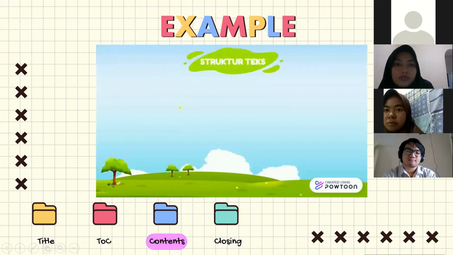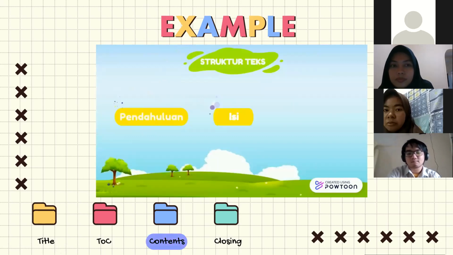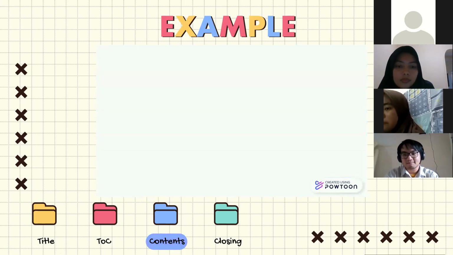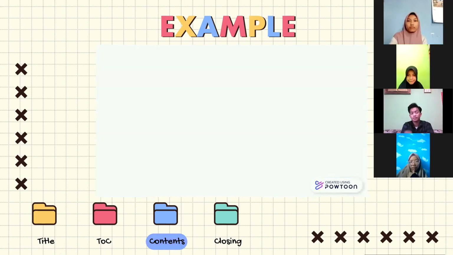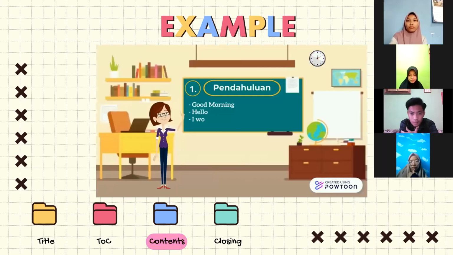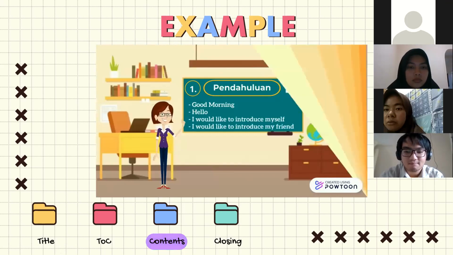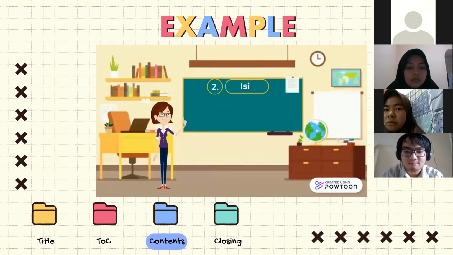Struktur teks terdiri dari 3, yaitu pendahuluan, isi, dan penutup. Pertama, pendahuluan. Good morning. Hello. I would like to introduce myself. I would like to introduce my friend. Yang kedua, isi.